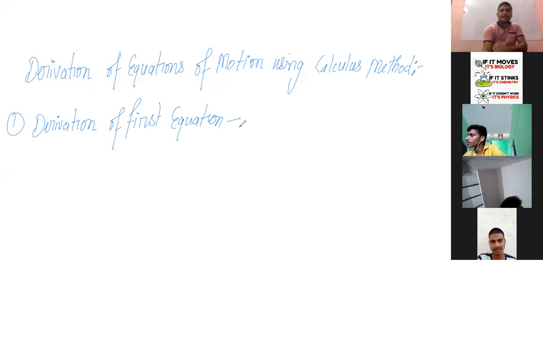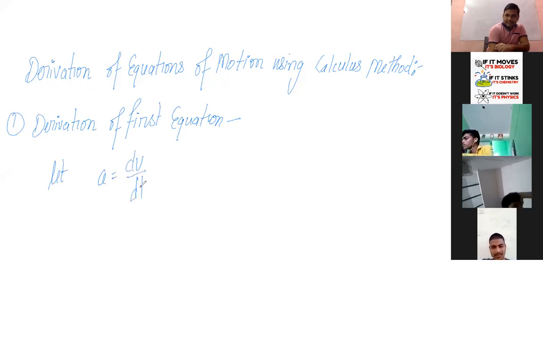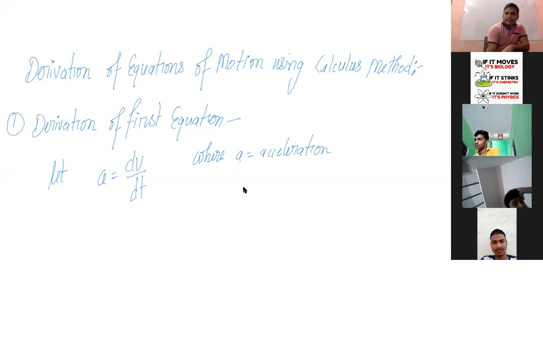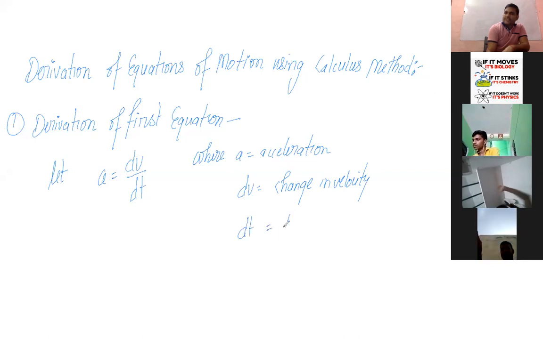Suppose we say a is equal to dv by dt, where a is your acceleration, dv is your change in velocity, and dt is your time interval.